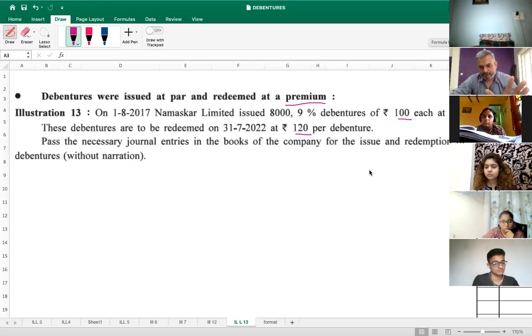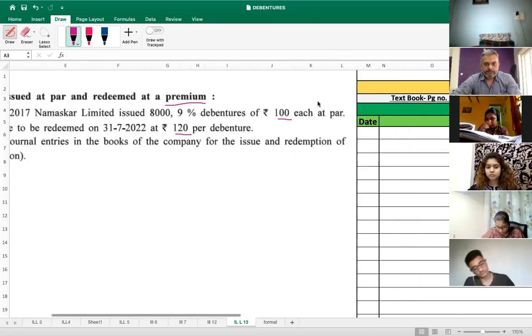So you have to be careful over here that you are collecting rupees 100, but you have to pay back rupees 20. So this 20 rupees is basically your loss. तुम्हें ज्यादा पे करना पड़ेगा. You have to pay more. So please be careful. Let's start.